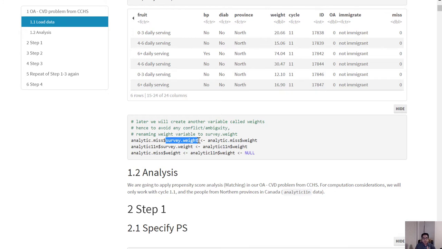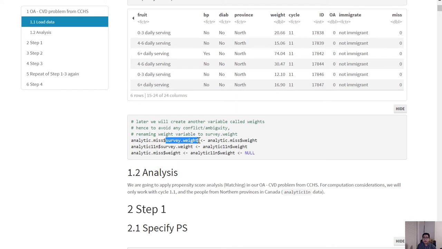Because if you forget which particular variable is your survey weight variable and plug in a wrong weight variable, then it can pretty much destroy your analysis.